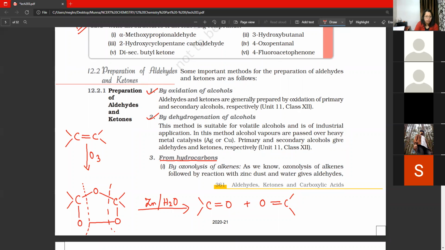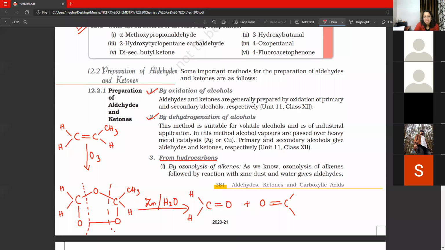Is that clear, everyone? Why did I not write the side chain? Check. If it is hydrogen, it will remain as hydrogen. So we'll be getting formaldehyde. If one is a methyl group, one is hydrogen, that remains intact.